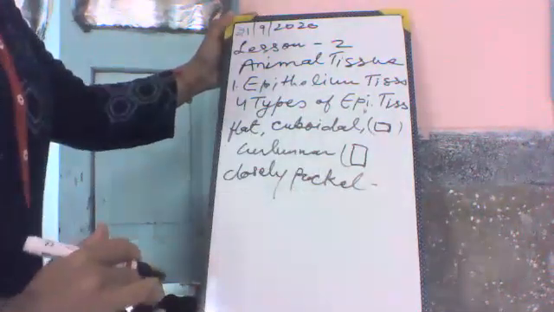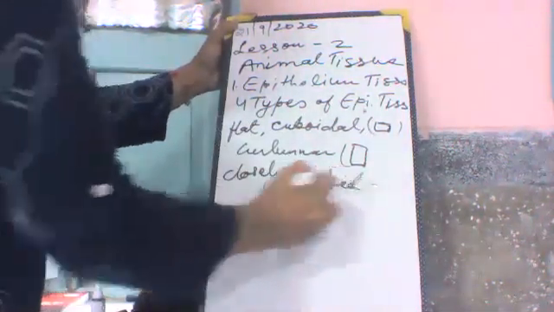They are closely packed and do not have intercellular space in them. They form a continuous layer over the surface of organs and the inner lining of body cavities.